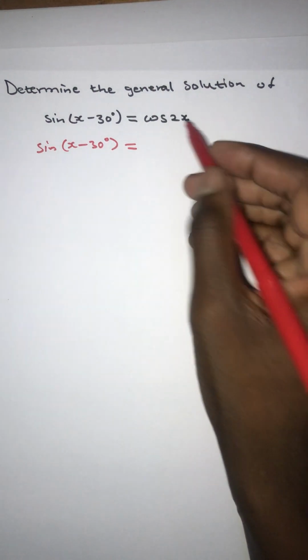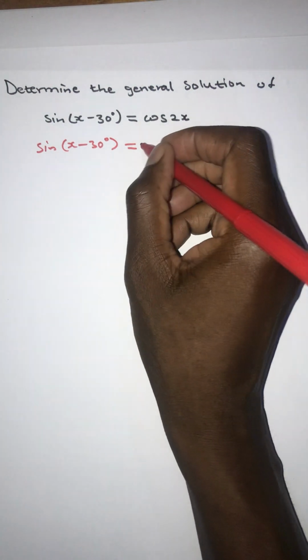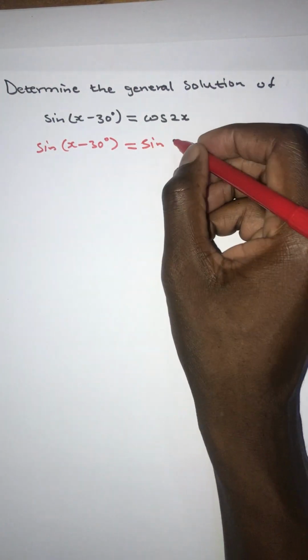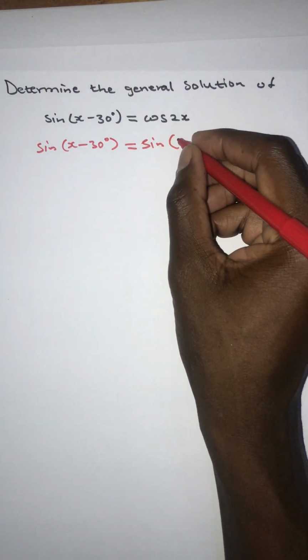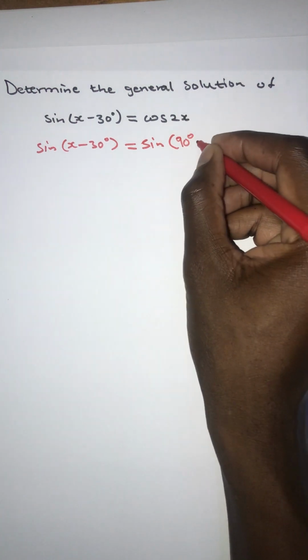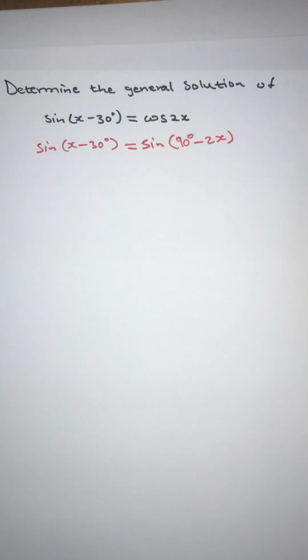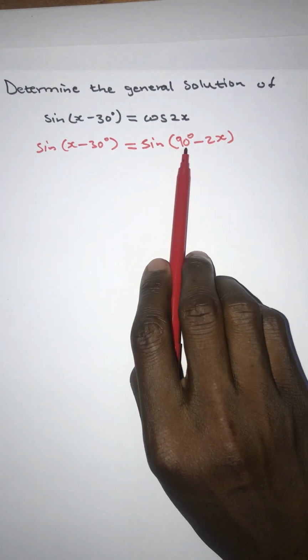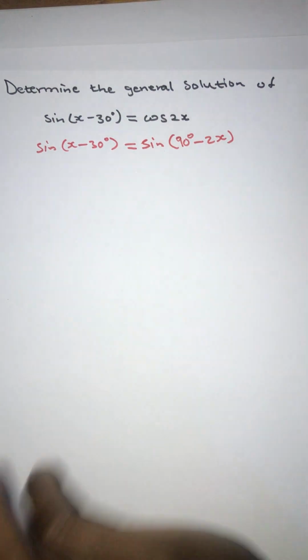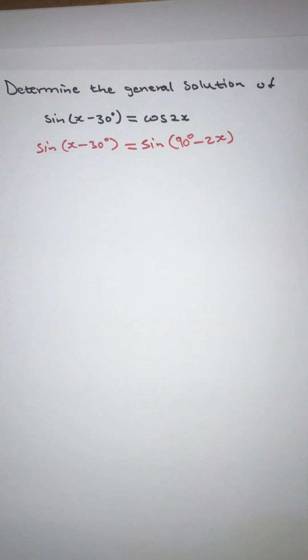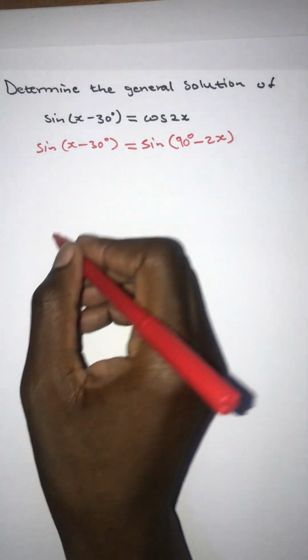So let's say now we take a cos back to sine. So it will be what? It will be sine of 90 degrees minus 2x. Remember, in quadrant number 1, sine of 90 minus 2x becomes the cos of 2x. So we take it back, just like that.